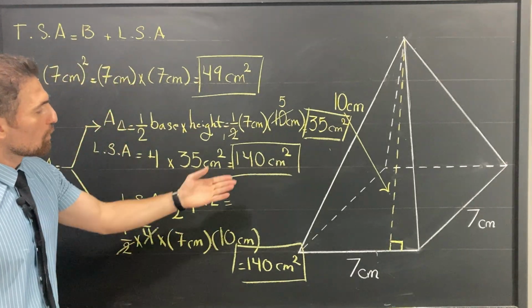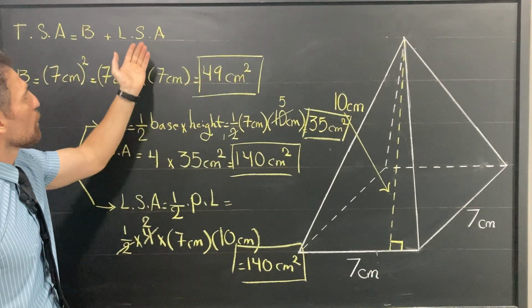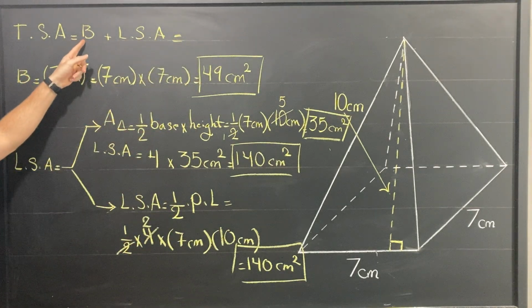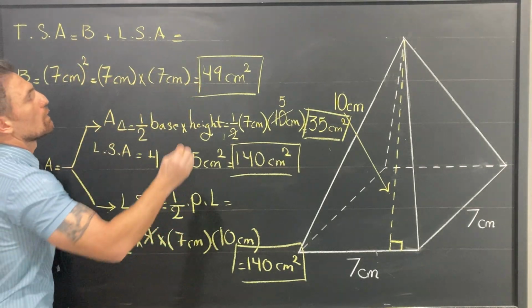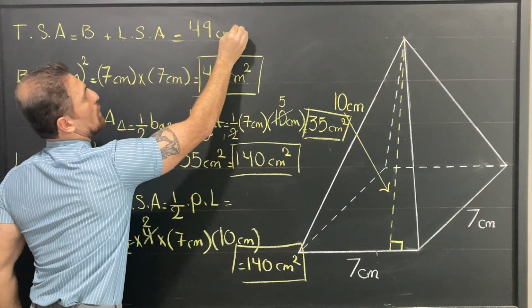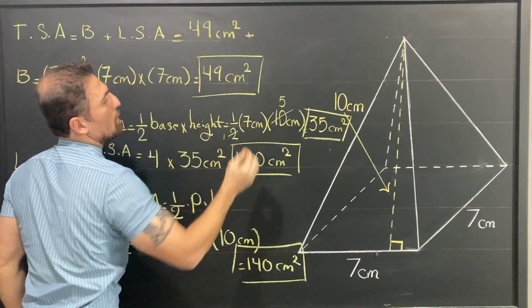Now it is enough. We plug these numbers into our formula. The area of the base is 49 square centimeters.